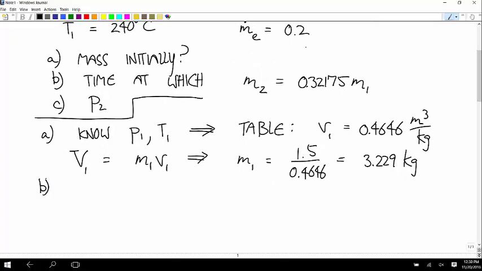And then second, we want to know how long it takes for 67 point whatever percent to leak out. So we're going to use conservation of mass.